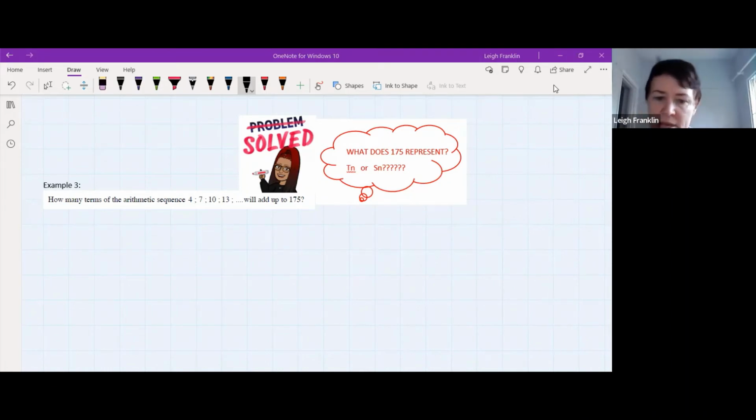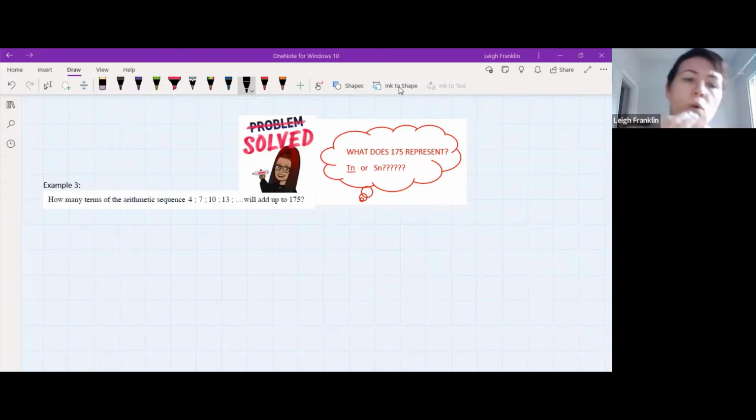Yes, Siatemba, what do you think 175 represents? I think 175 represents the sum of all the terms in the sequence. Absolutely. So Siatemba, what made you think that?